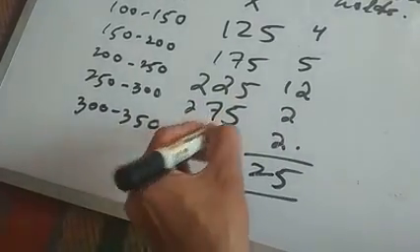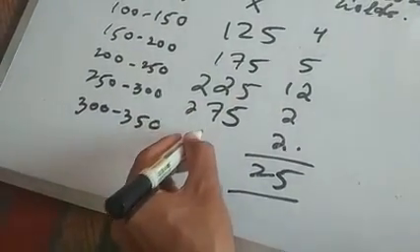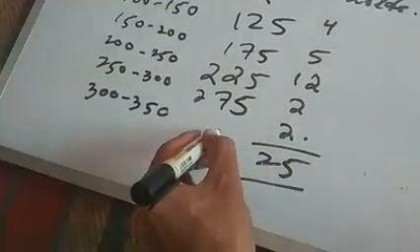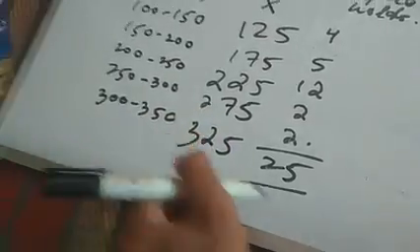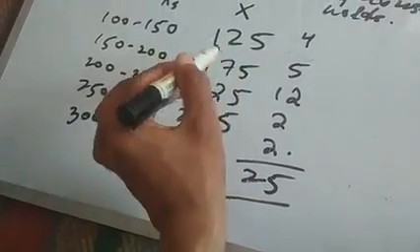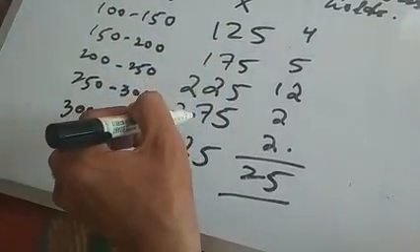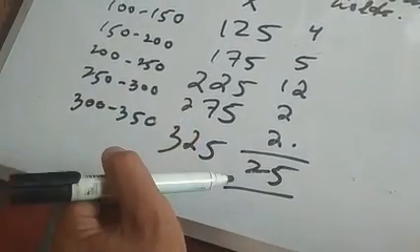When I add 50 to 275, I will get 325. So the x values are 125, 175, 225, 275, 325.